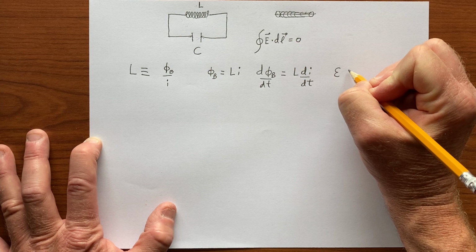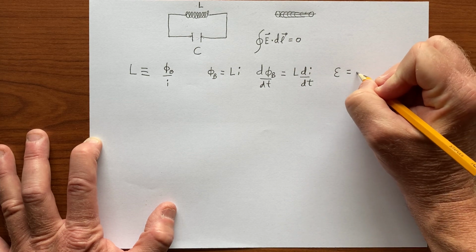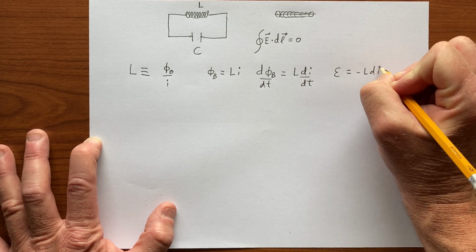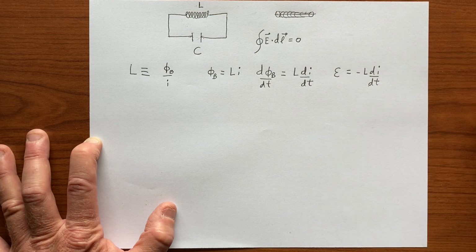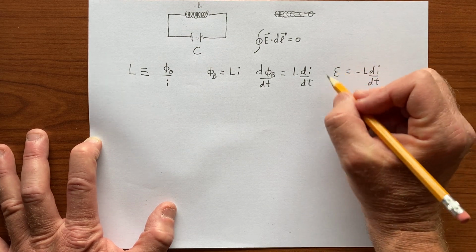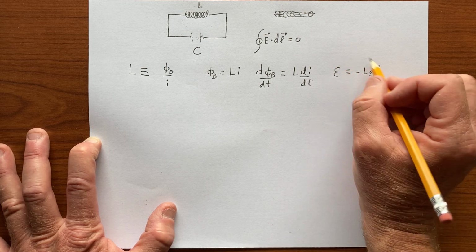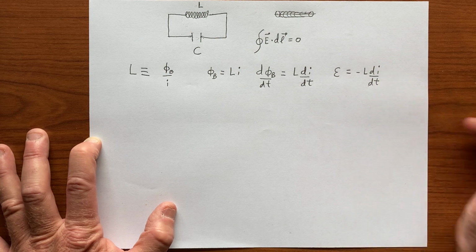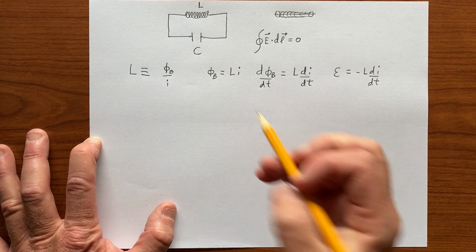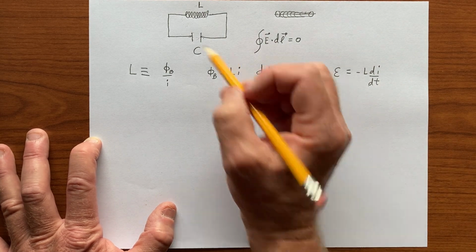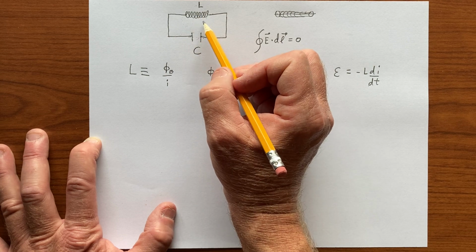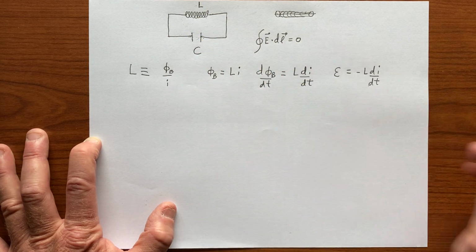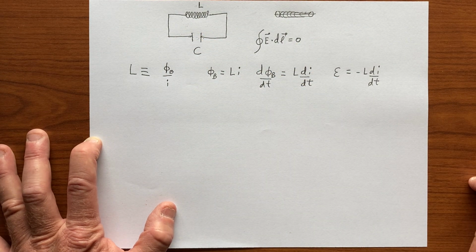And the EMF is minus. Right, so that's all we need, the voltage across an inductor, and it's this kind of an object. And for practical purposes, the reason why we have inductors is to avoid jumps in current.